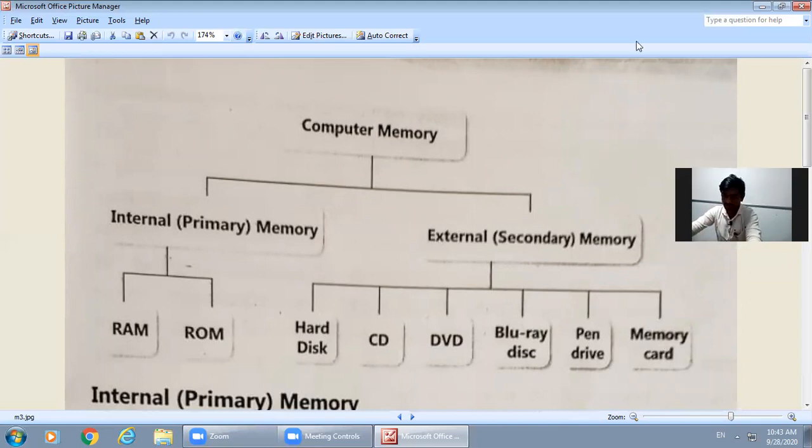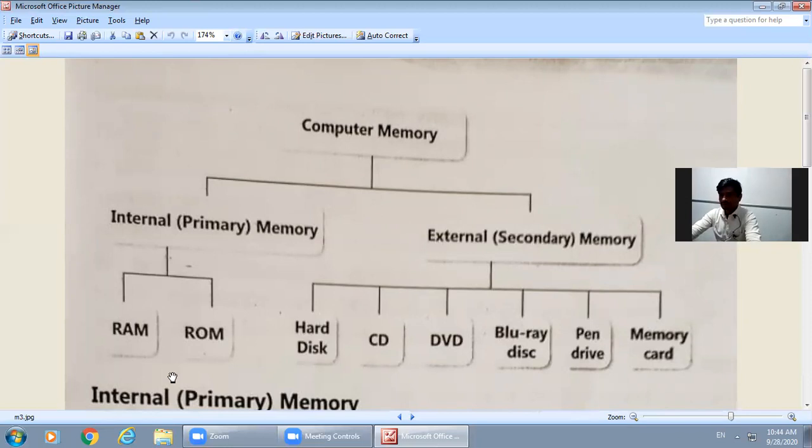See again, primary, RAM and ROM. External or secondary, hard disks, CD and DVD. These are the external memories.